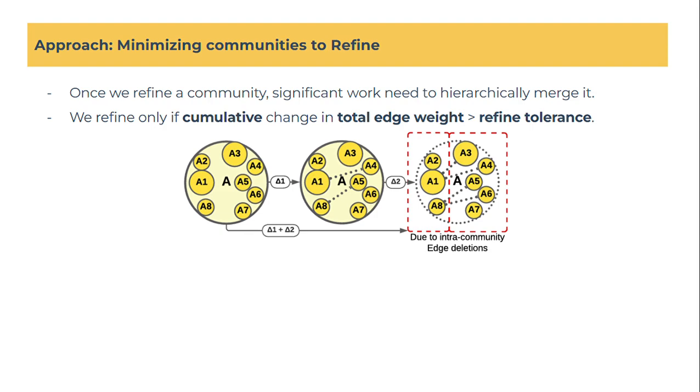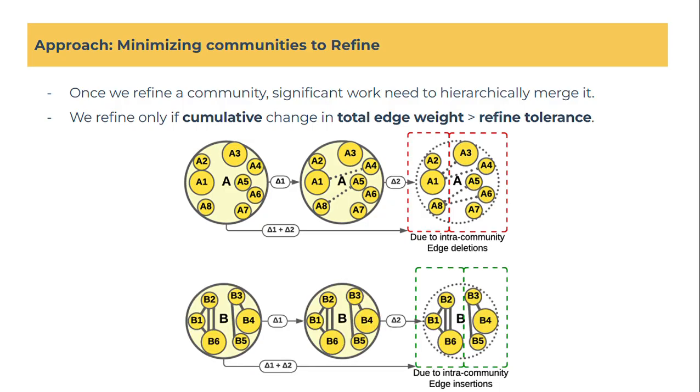For example, if we have a small edge update, we do not refine community A. Another update comes in and the total update exceeds the refinement tolerance, then we finally perform the refinement phase. And this is repeated for edge deletions and insertions.